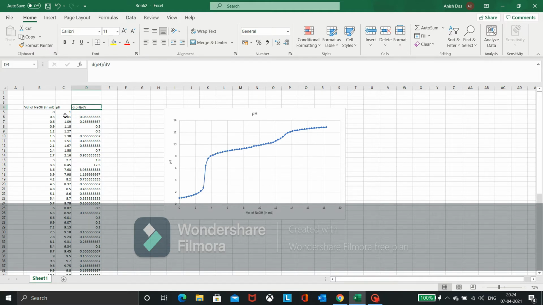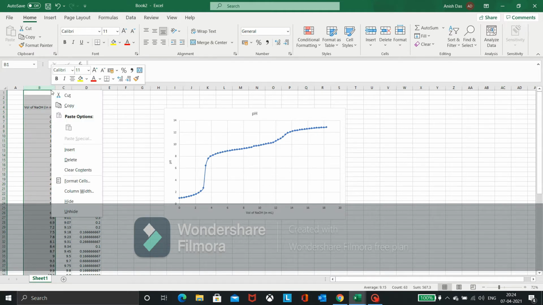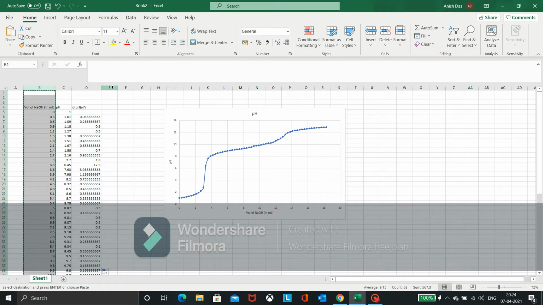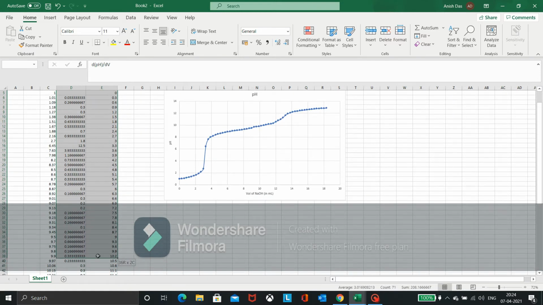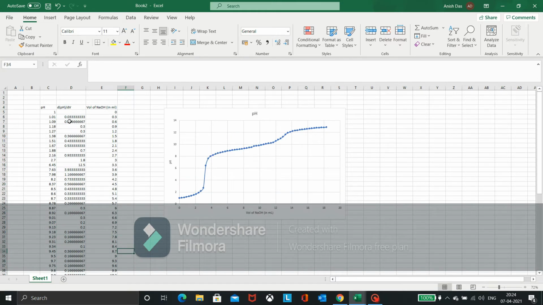Now what we are going to do is plot a graph where we take the first derivative on the y-axis and the volume on the x-axis. So let us draw the graph.